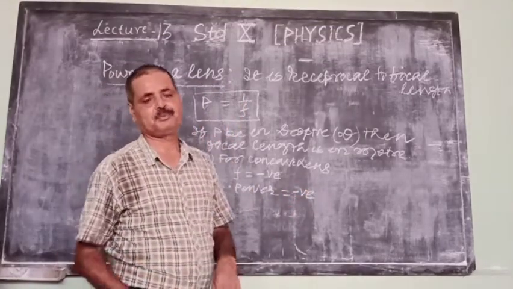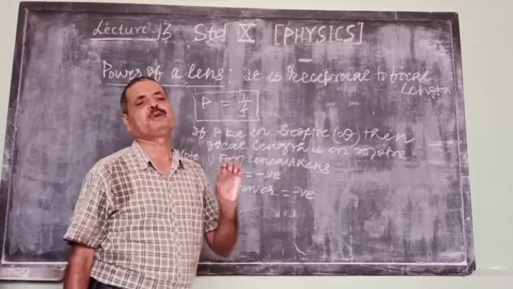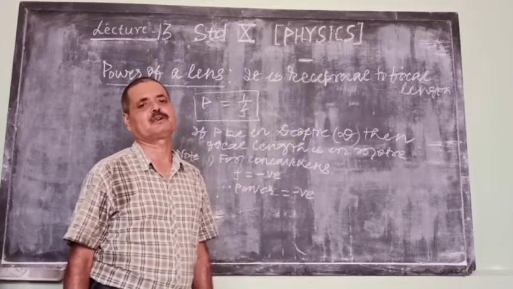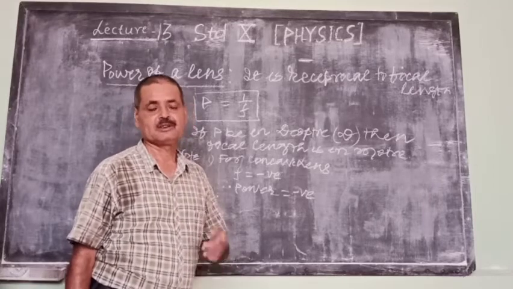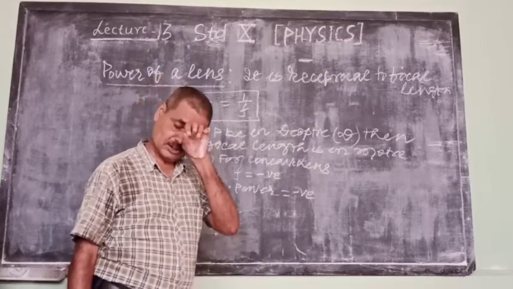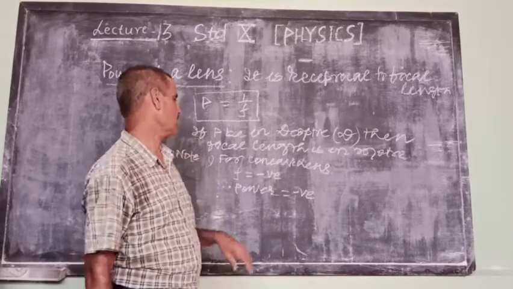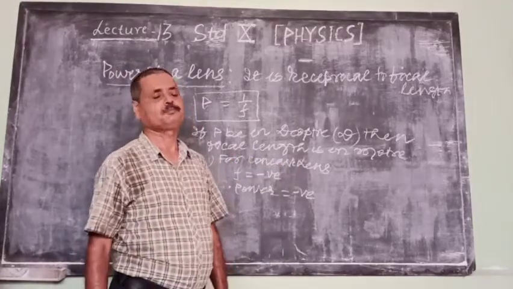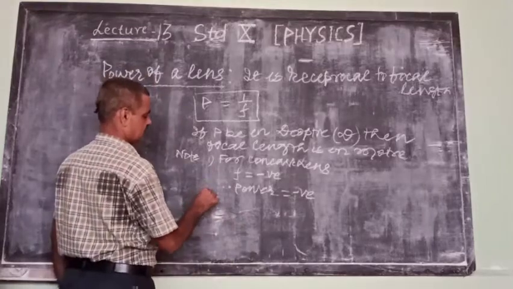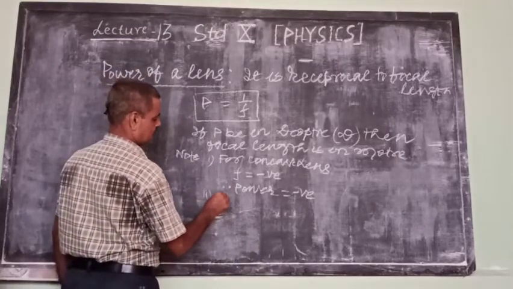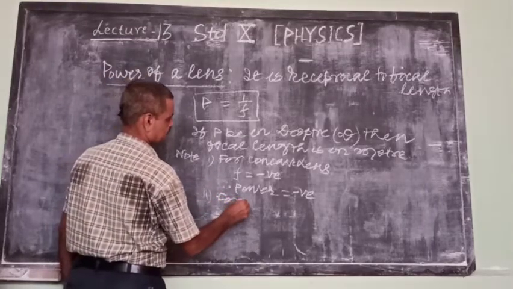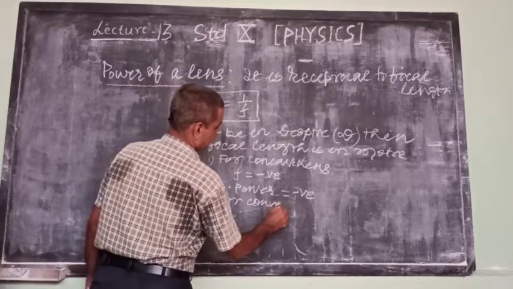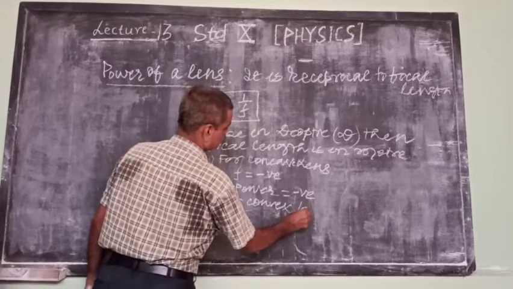Suppose the power of any person is minus 0.75 diopter. It means the person uses a spectacle of concave lens. And second one, for convex lens.